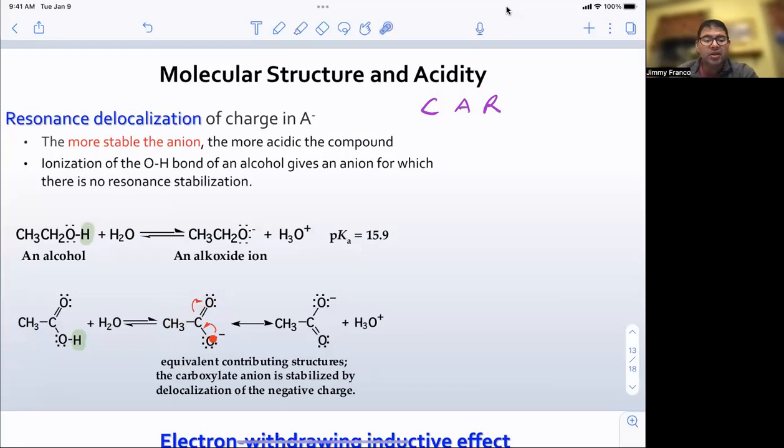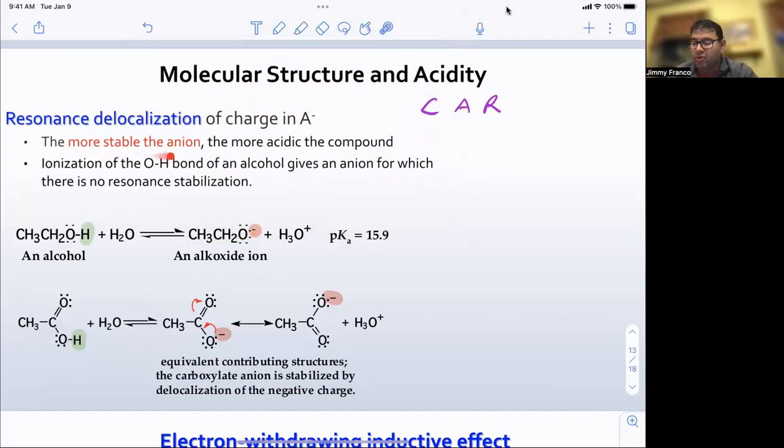If you're looking at this resonance structure, you can push your electrons in and up and move the negative charge. So resonance is when we can move those electrons and move those charges around the molecule. So it's here and now it's here. If we skip back up to the alcohol, it's stuck on one atom, and we can't move it around.